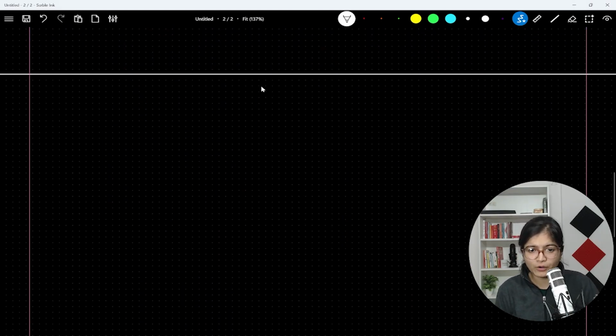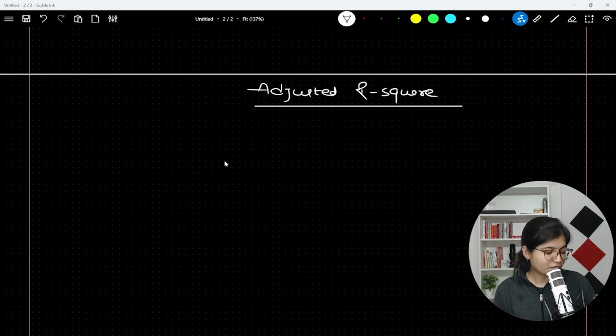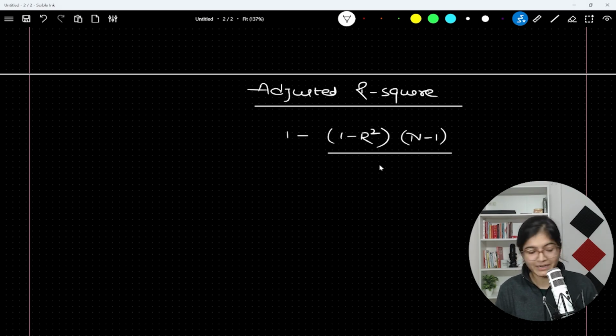Now let's talk about something called adjusted r square, which we usually evaluate alongside the value of r square. The formula to calculate the adjusted r square is 1 minus (1 minus r square) times (n minus 1) divided by (n minus p minus 1). This is the way to calculate adjusted r square.